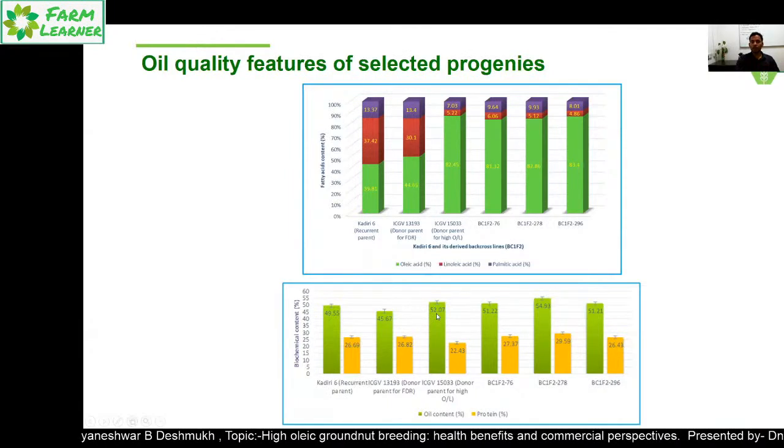These lines were on par to superior with regard to oil content. Line 278 specifically has 54.93% oil content. So this can be considered a high oil groundnut. So this has the combination of high oleic plus high oil content.